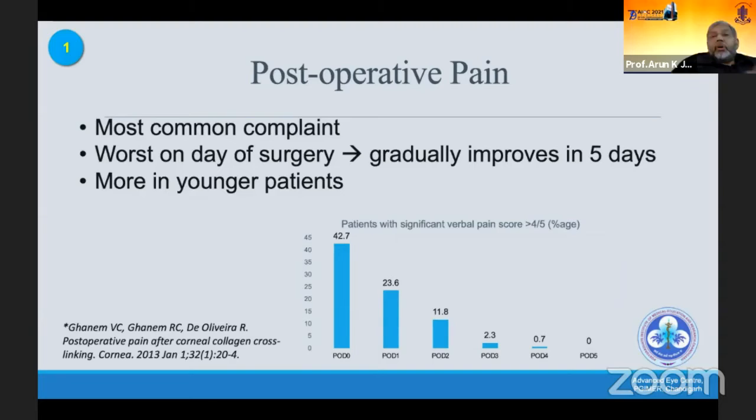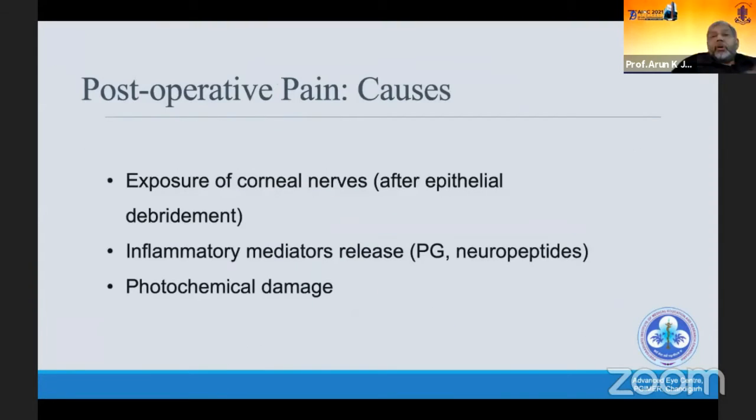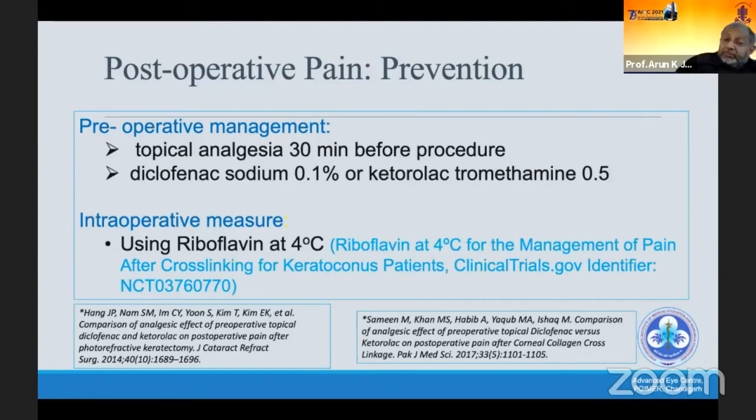And it is because of exposure of corneal nerves after epithelial debridement and inflammatory mediators which are released after the procedure, as well as photochemical damage because of the ultraviolet light. How we can prevent it is we can give topical analgesia 30 minutes before the procedure in the form of diclofenac eye drops.